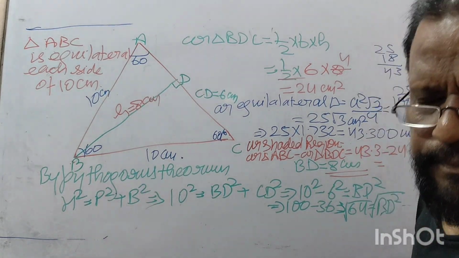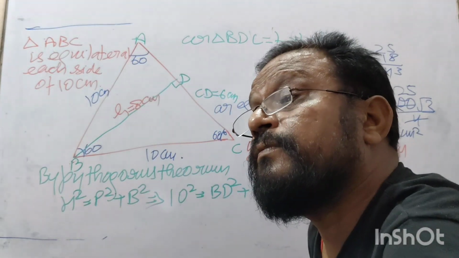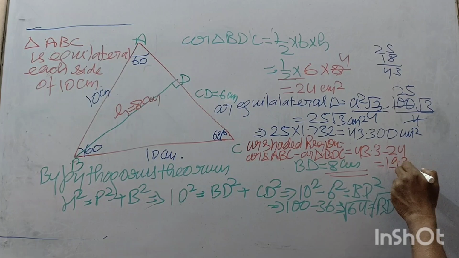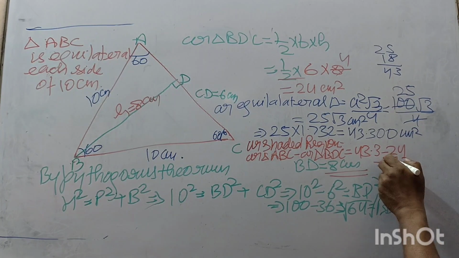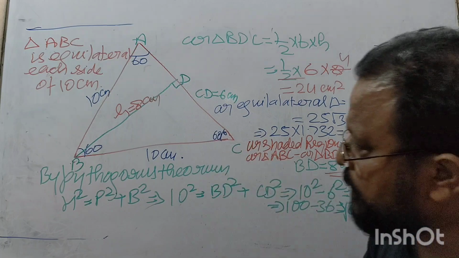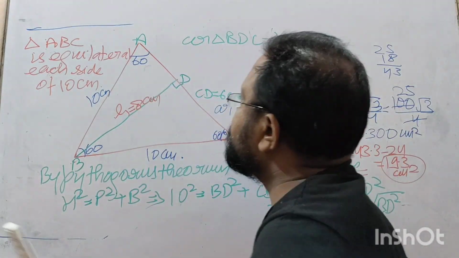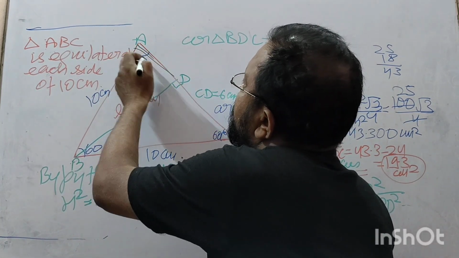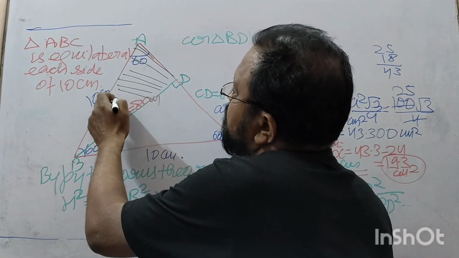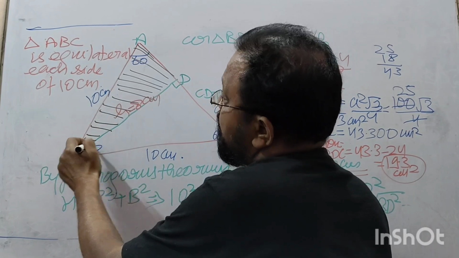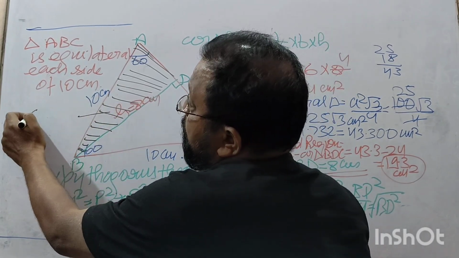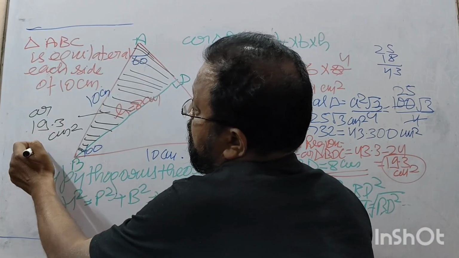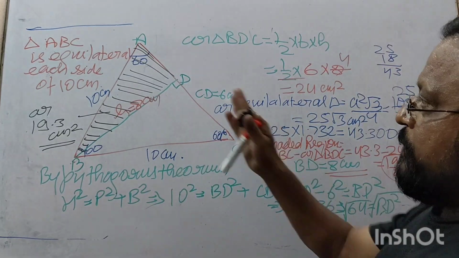How much does it become? 19.3 centimeter square. You get this? Check the answer. The shaded region is this. We are talking about the shaded region. This area is the shaded region and has an area of 19.3 centimeter square. That we get. This is as per the question.